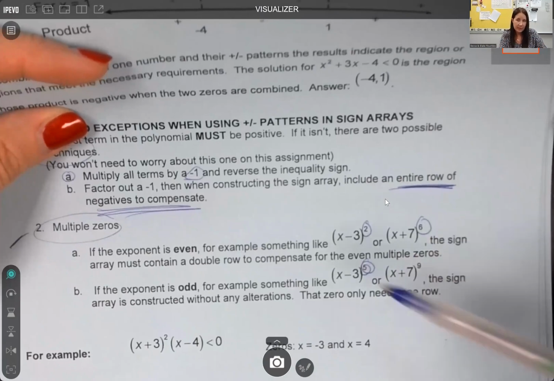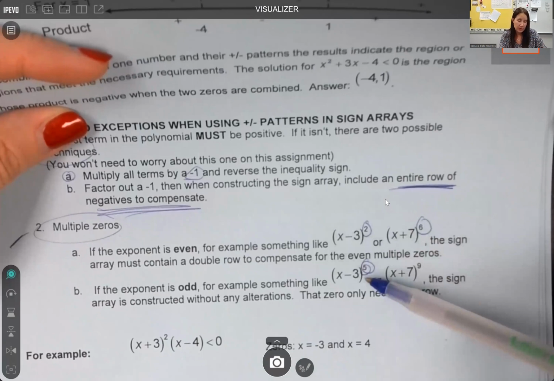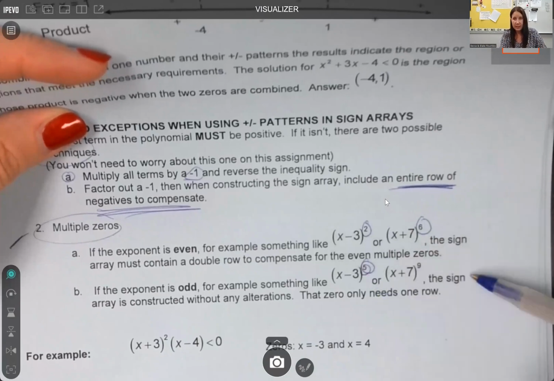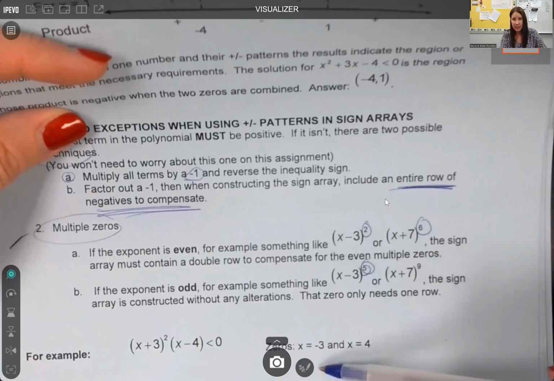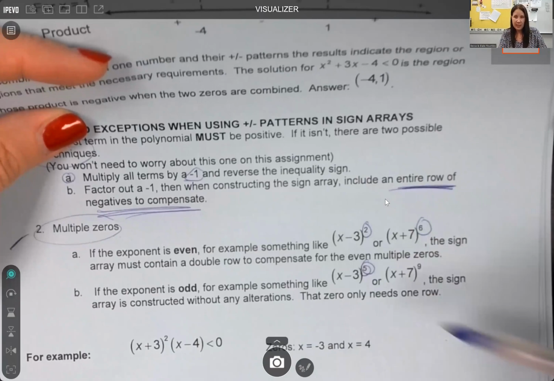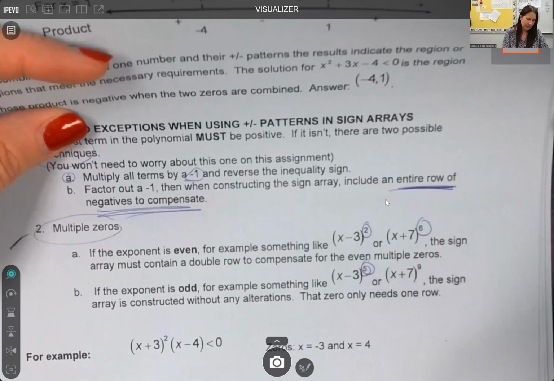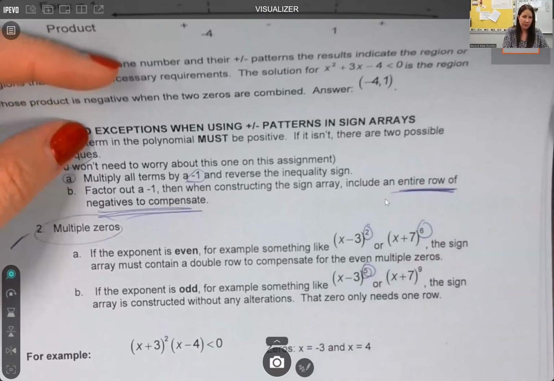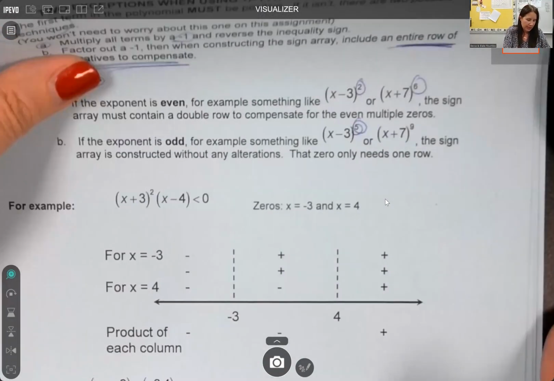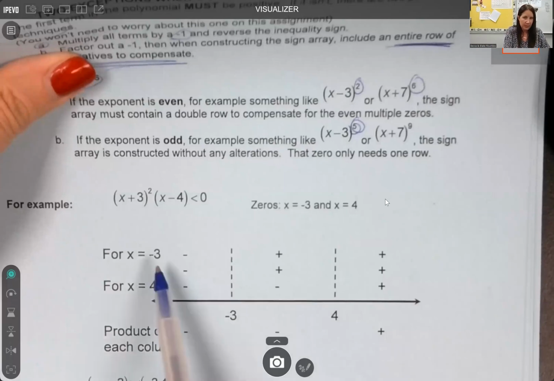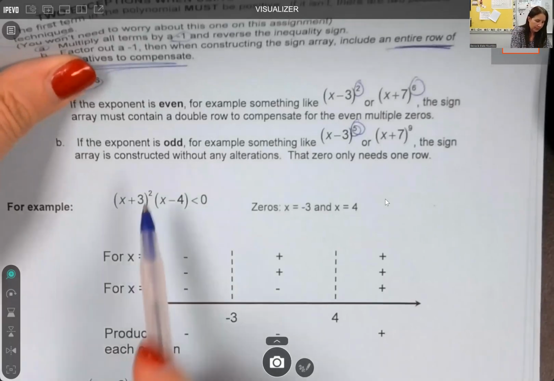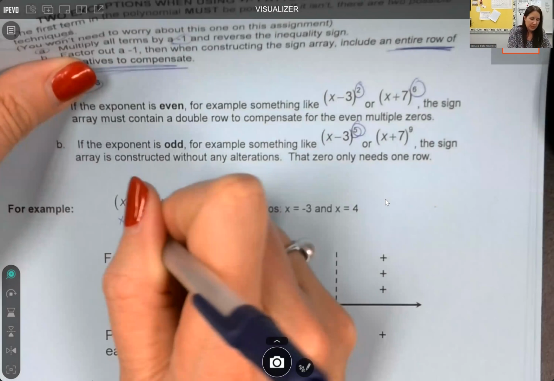This has a 5, this has a 9. I could do 5 rows, but 1 row would be enough because a negative times a negative times a negative is still negative. So it doesn't matter how many of those negatives I have, it's going to be the odd number. And it kind of gives you an example down here a little bit lower. So -3 on this problem, I'll just write it right here, is repeated twice.